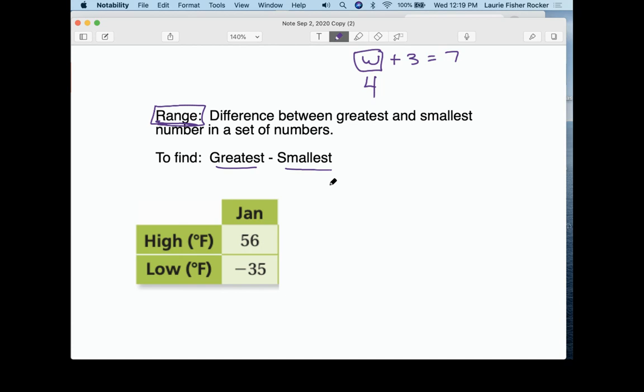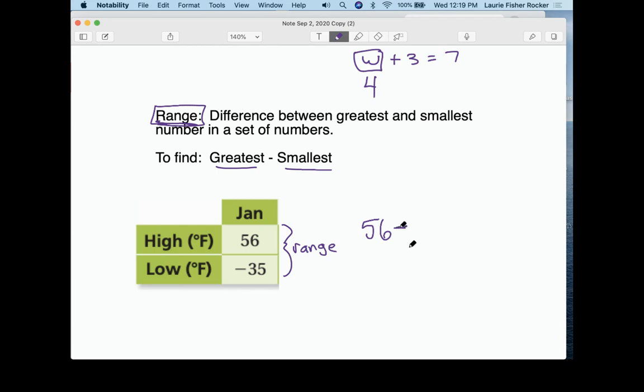So you might be asked something like, January's high temperature was 56. January's low temperature was -35. What is the range? Okay, so the range would be the difference between those numbers. So I take the highest number, 56, and I would subtract the lowest number.